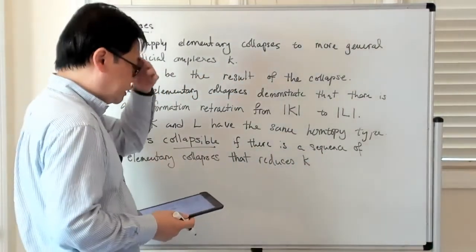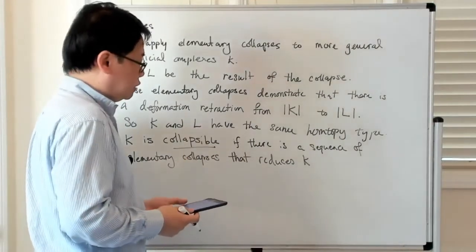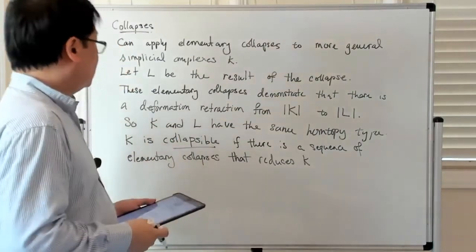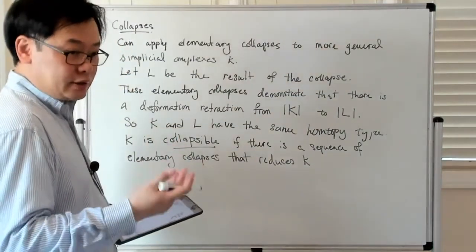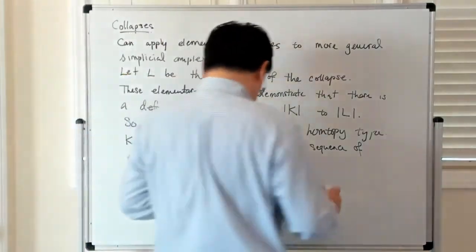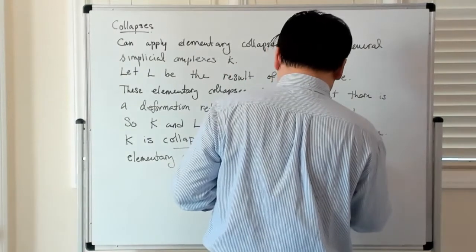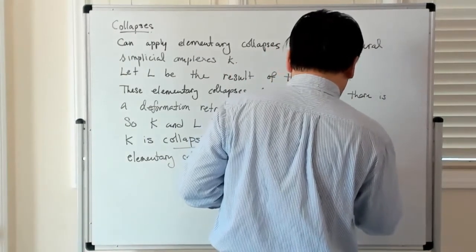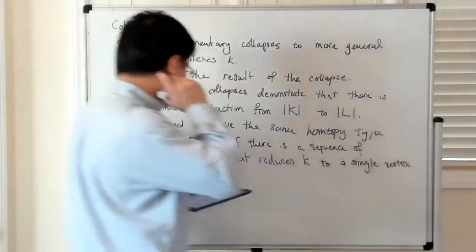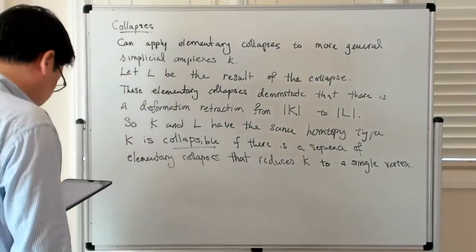As we demonstrated earlier, if you take a 3-simplex, you can apply a sequence of elementary collapses so that it eventually gets to a single vertex. So it is collapsible. And it's easy to convince yourself that any top simplex is collapsible to a single vertex.